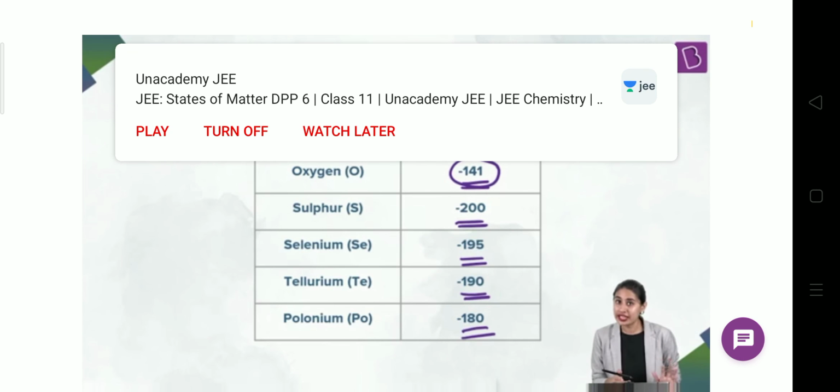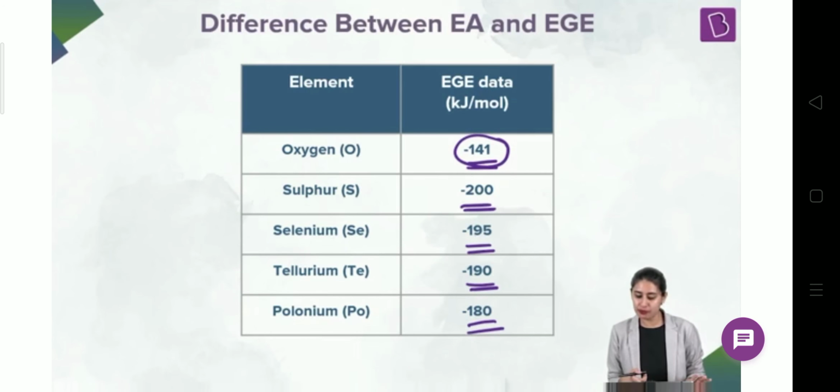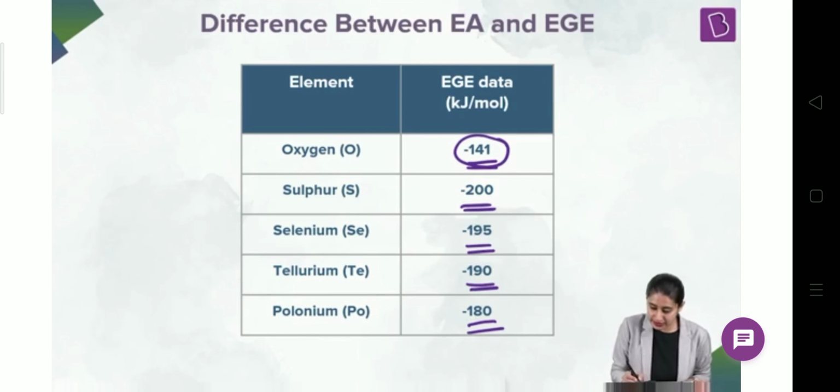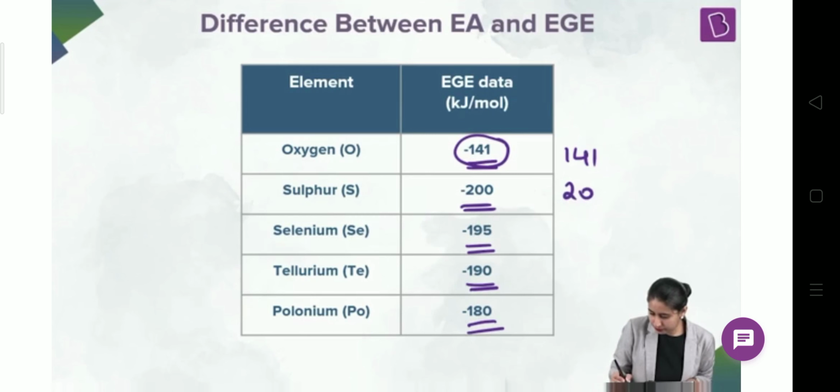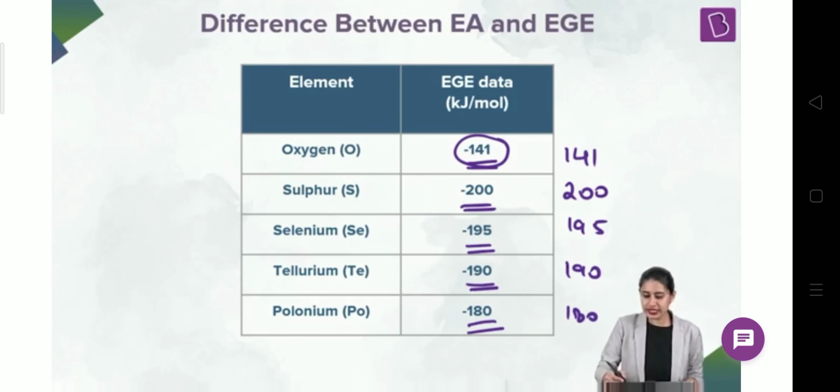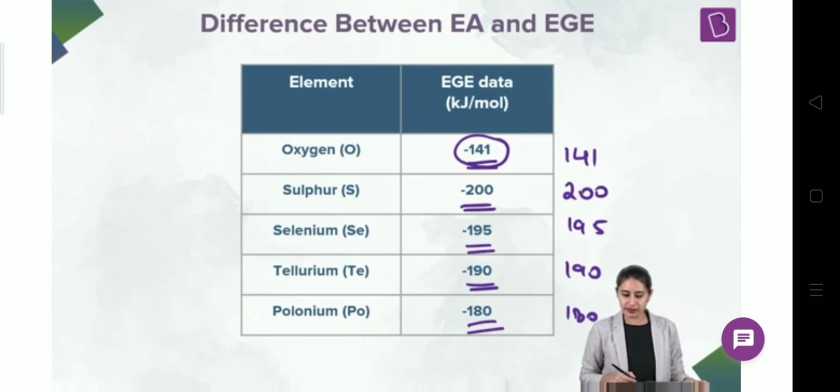But if I take the magnitude of the electron gain enthalpy and do not include the sign, let's take the magnitude. This is the magnitude of whatever electron gain enthalpy was given.